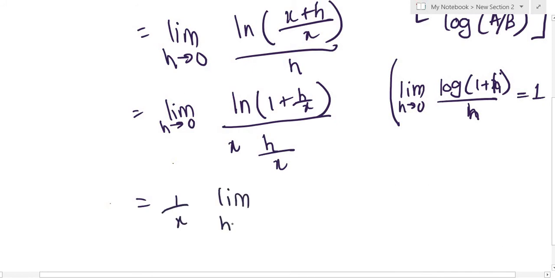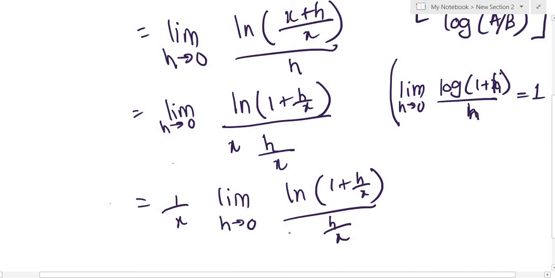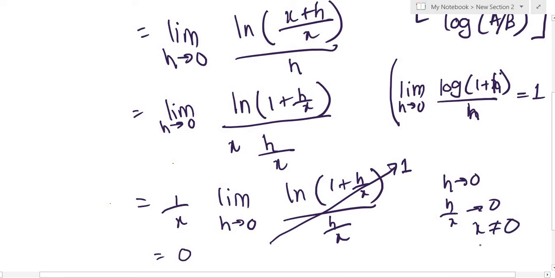The limit as h goes to 0 of the natural log of 1 plus h by x all over h by x is genuinely 1 because when h goes to 0, h by x also goes to 0, x is a constant. And x is not 0, because the derivative is 1 by x.